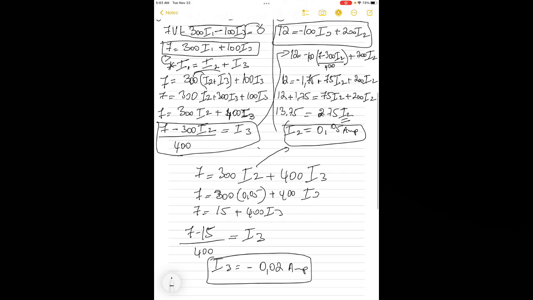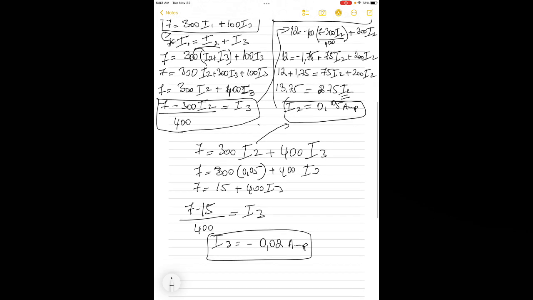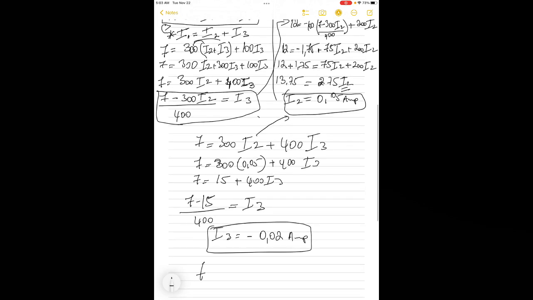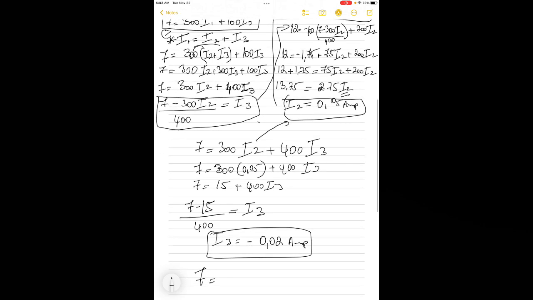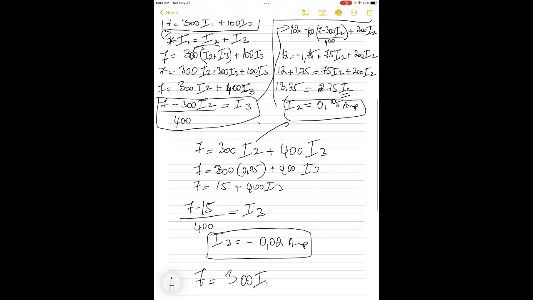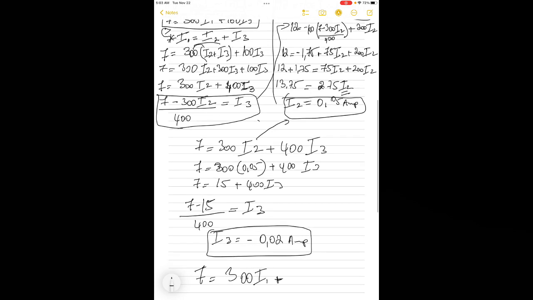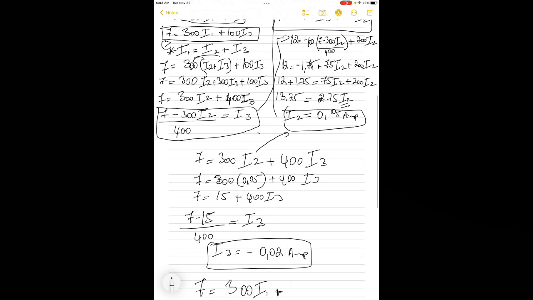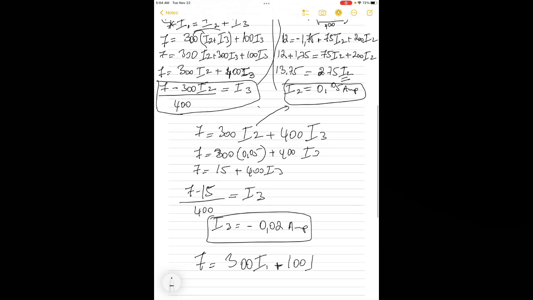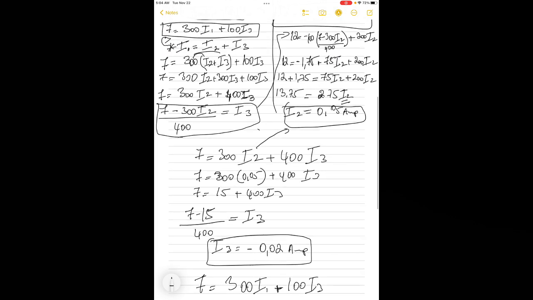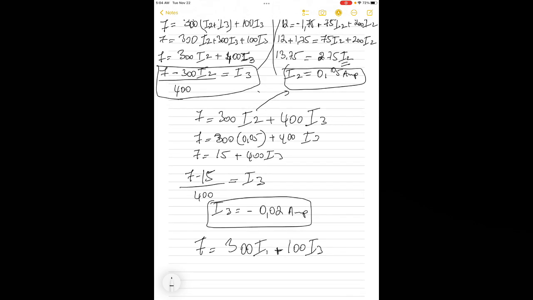Then if we go back to this equation to find I1, 7 equals 300 I1 plus 100 I3. We can replace I3 by minus 0.02, so 7 equals 300 I1 plus 100 multiplied by minus 0.02.